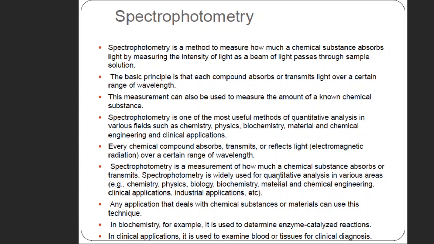It is widely used for quantitative analysis in various areas like chemistry, physics, biology, biochemistry, material science and chemical science, even for clinical diagnosis and industrial applications. For example, in food industries, to identify adulterants; in the oil industry, to identify impurities; in the dairy industry, to identify whether the texture or content is uniform or not, and likewise.